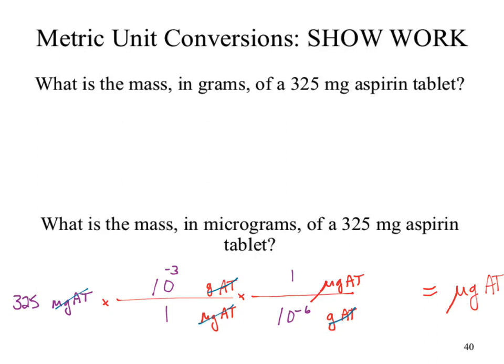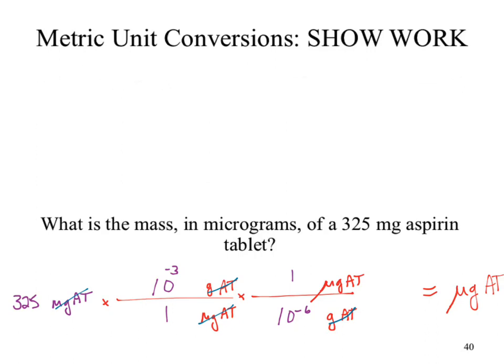Now I can punch it in the calculator and run this out. Just because we heard someone do this math, did you do it in your head or did you look it up? That's fair. 10 to the minus 3 over 10 to the minus 6 is the same as saying 10 to the minus 3 times 10 to the 6th.